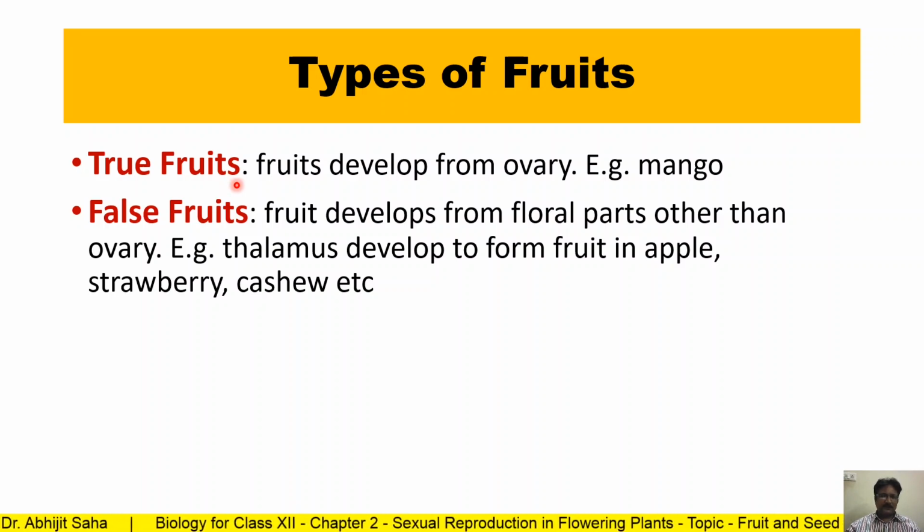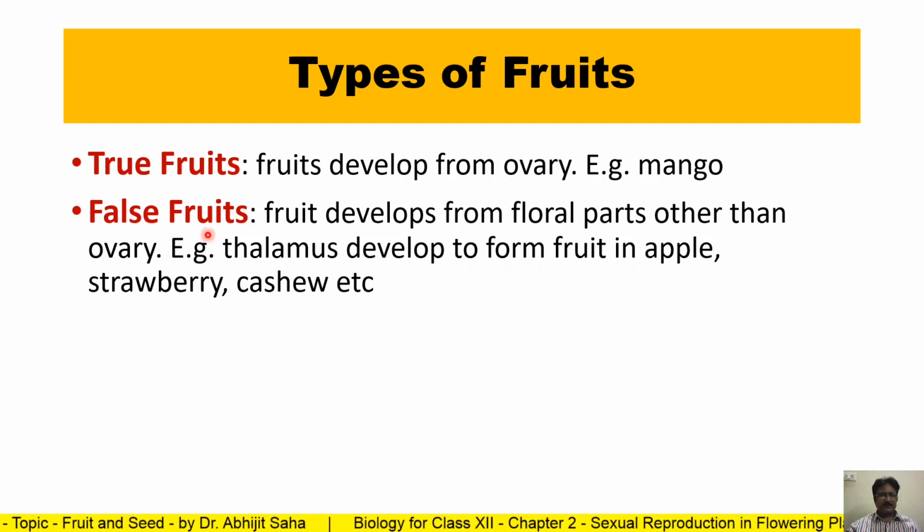Biologically, they are fruits, but in common we don't call them fruits. Most of the vegetables which we are eating, right from lady's finger to gourd, we don't call them fruits, rather we call them vegetables. Whatever it is, biologically these are products of the ovary and they are all fruits.